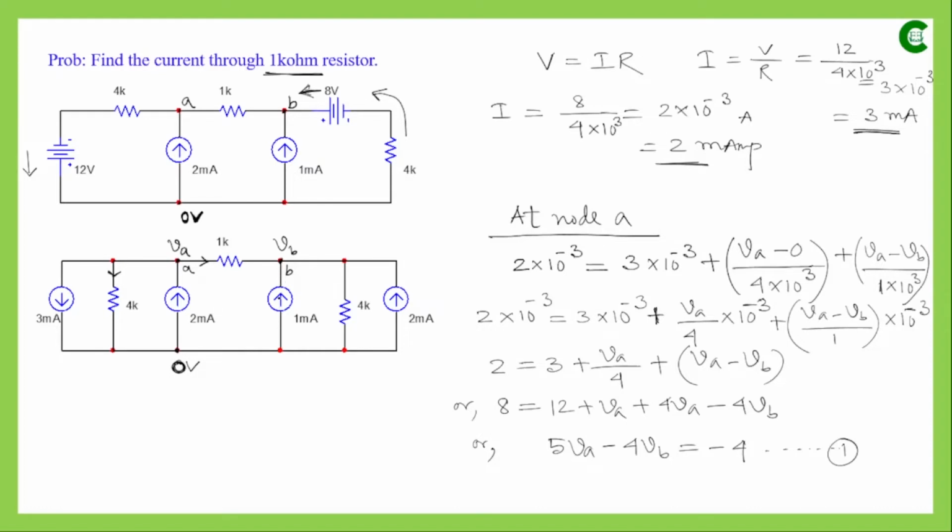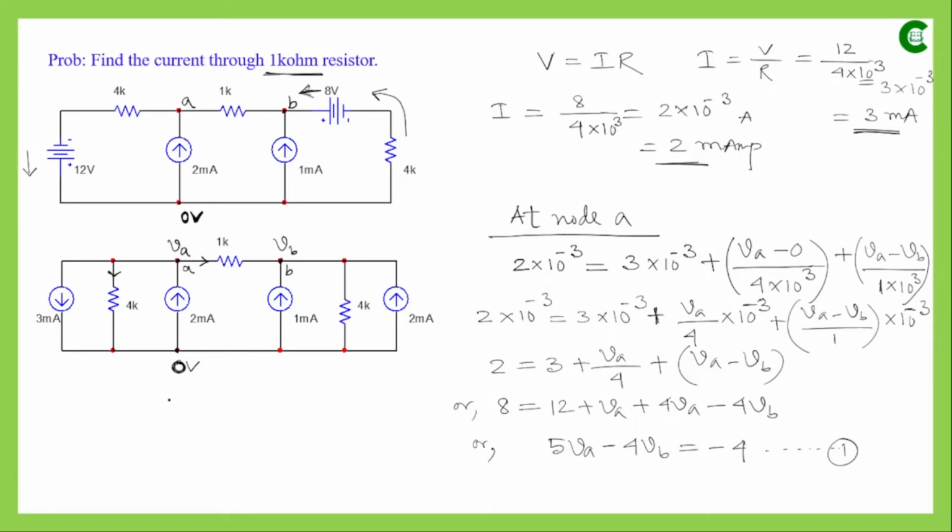With respect to this node this is incoming current, and for this current source also this is incoming current. For the other two resistors the current directions are not given. So here also we will assume that the currents are leaving that node, and they are outward currents with respect to these two resistors.